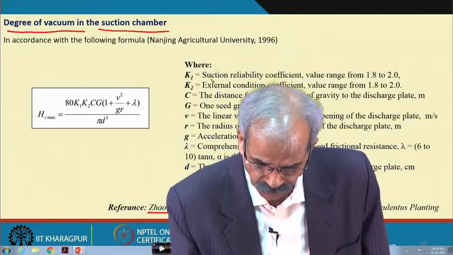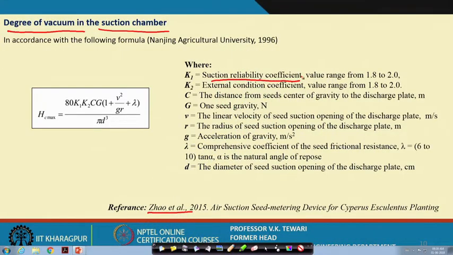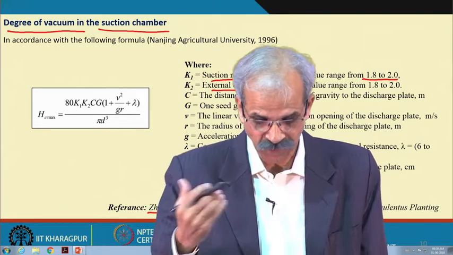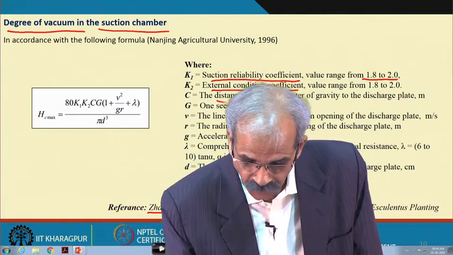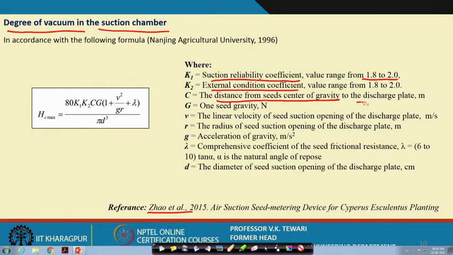See, suction reliability coefficient they have found out varies between this to this on certain parameters. External condition, they have also decided what is the external condition of the seed in which this job is done. The distance from seed center of gravity to the discharge plate, that means the location where it is dropped, and seed gravity, as if when one seed is falling.